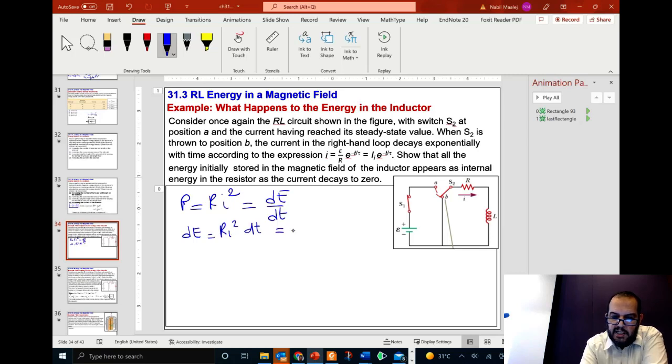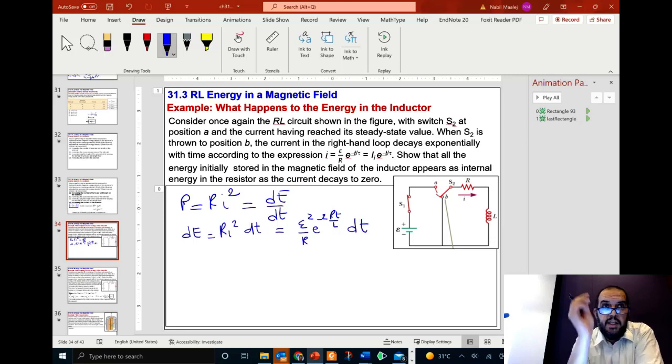Now, let me replace I squared. That's epsilon squared over R squared times exponential of minus 2t over tau, or minus 2Rt over L, dt. This is the infinitesimal change in energy.